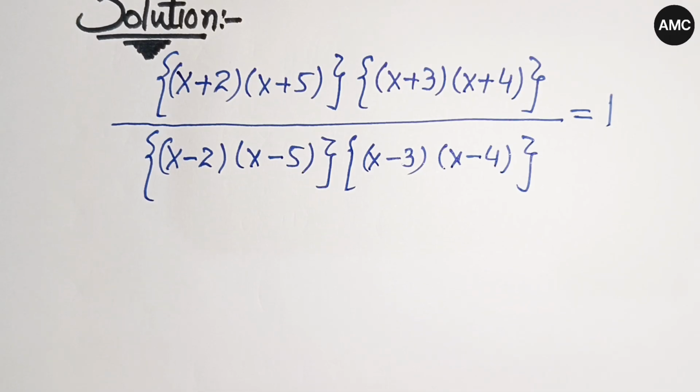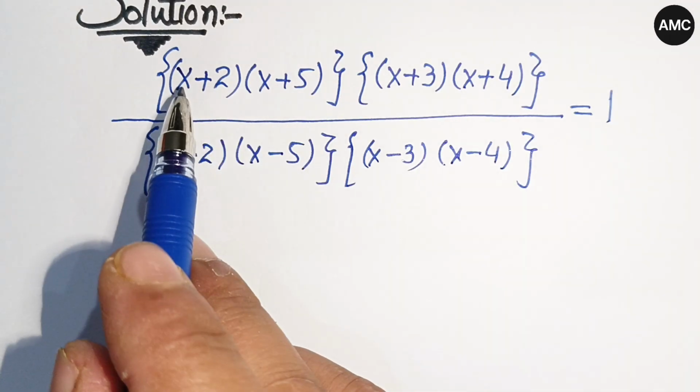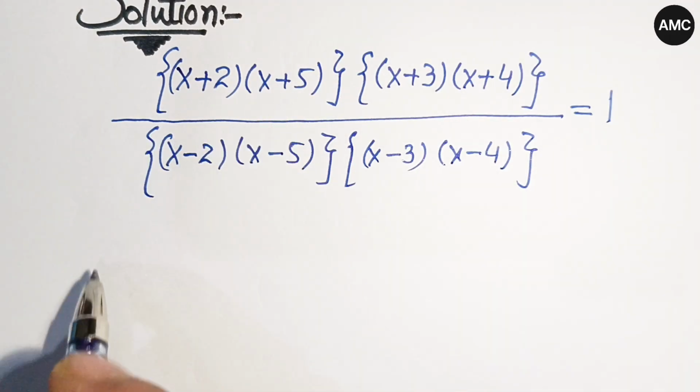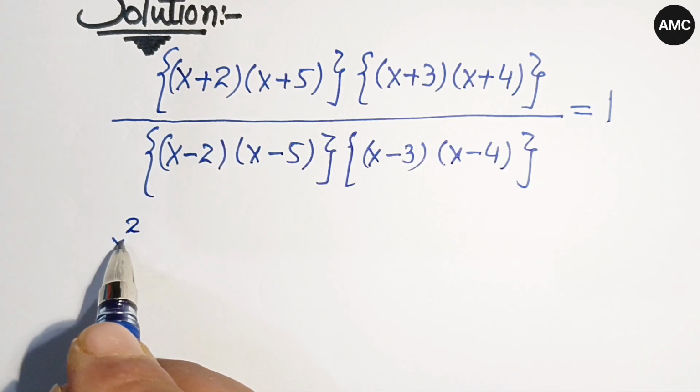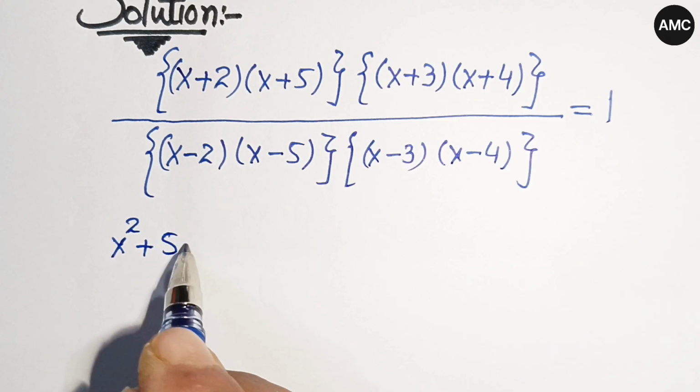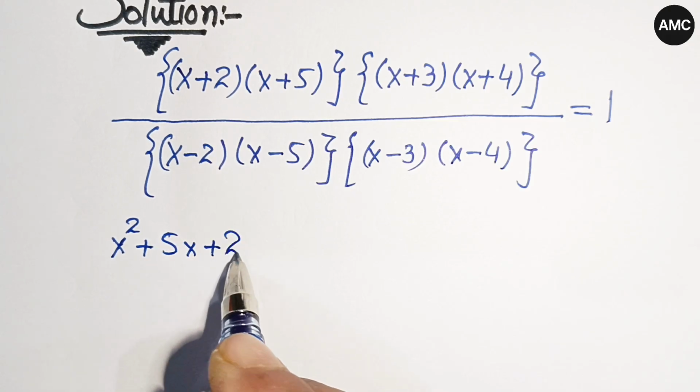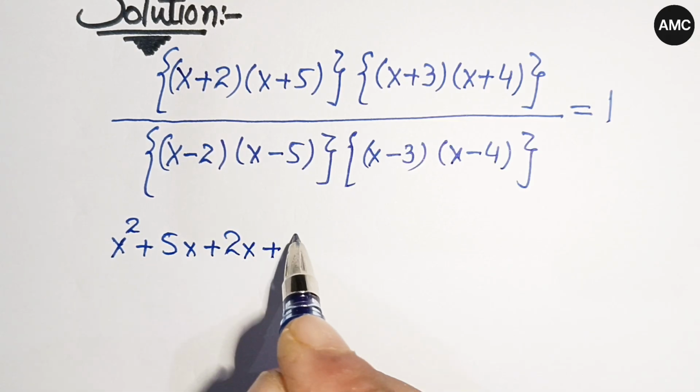Now multiplying x plus 2 with x plus 5, we get x times x is x squared, plus 5x plus 2x, plus 2 times 5 is 10.